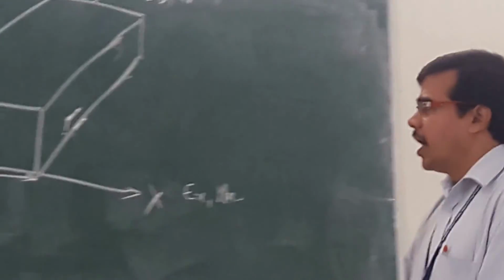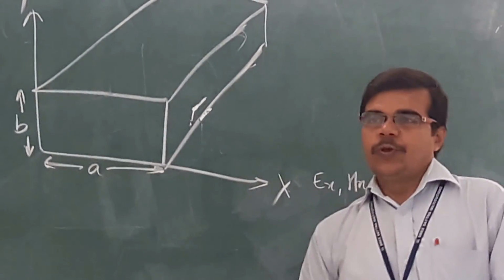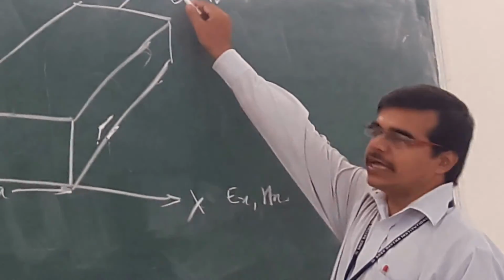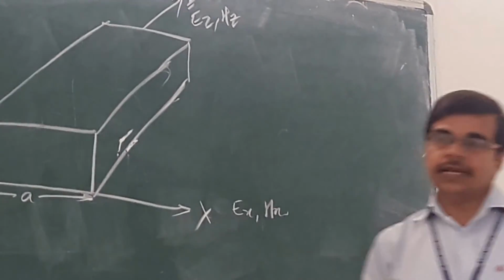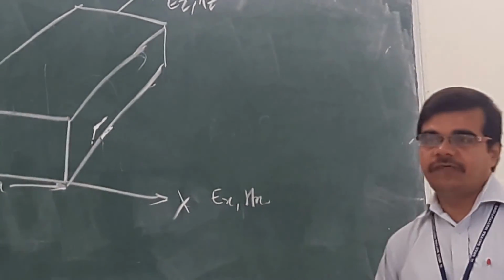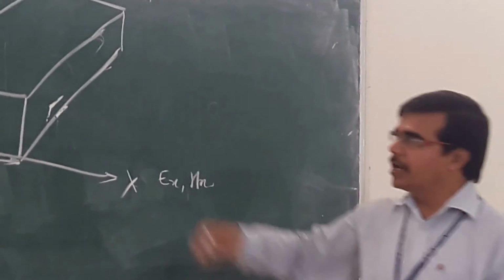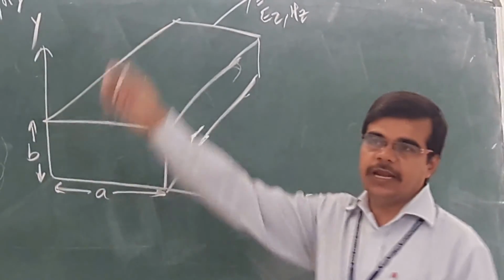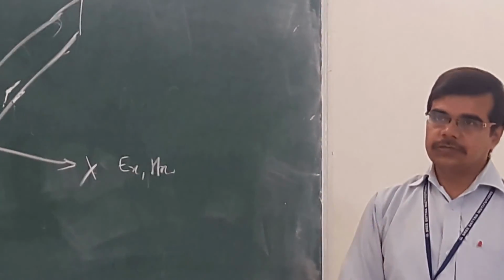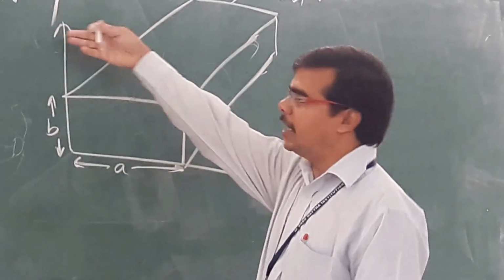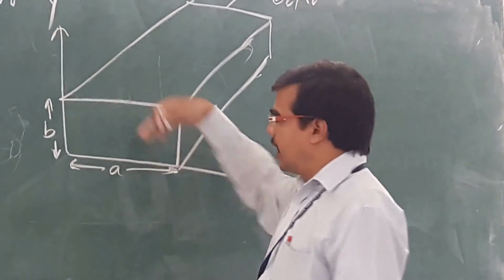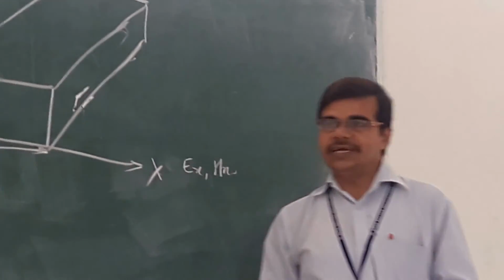In a waveguide, whenever propagation is taking place, the electric field will have a tangential component, and the magnetic field will have a normal component. This tangential component and the normal component result in losses.